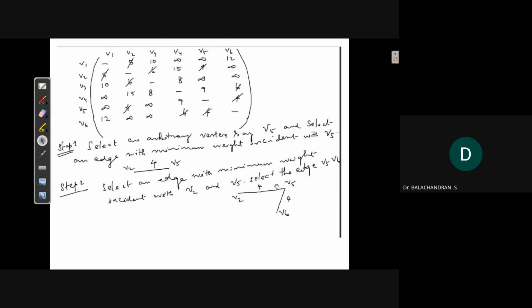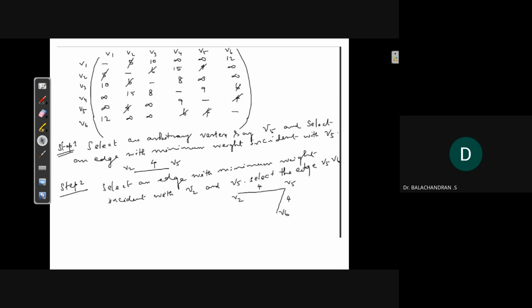Then in step two, you should draw V2, V5, and now V5, V6, which is 4. Next, select an edge with the minimum weight incident with V2, V5, or V6. You should check these three vertices.